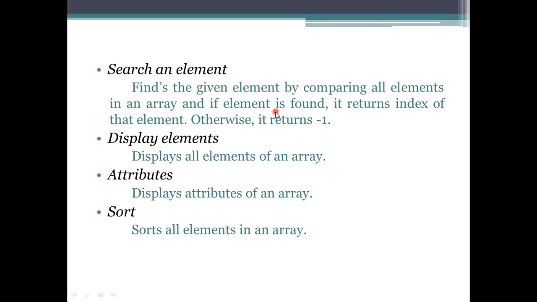Displaying the elements means whatever elements we have entered, we display all of them using a for loop for continuous processing. Displaying the attributes of an array means using the subscript, the addressing spaces. Sorting: you have seen multiple examples, bubble sort, selection sort, and all these examples use the array for representation of these sorting features.